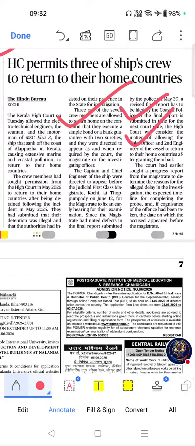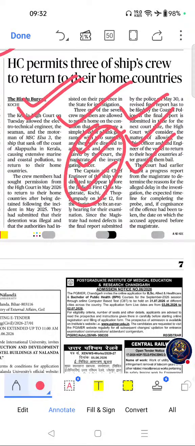Environmental accountability is a major governance issue, and judicial oversight in environmental matters is important. If you see, questions that have appeared on this topic are environmental governance, judicial review, and marine pollution. Questions have appeared on these topics. The key themes are maritime liability, environmental accountability, and judicial oversight. These are the key themes related to this topic.